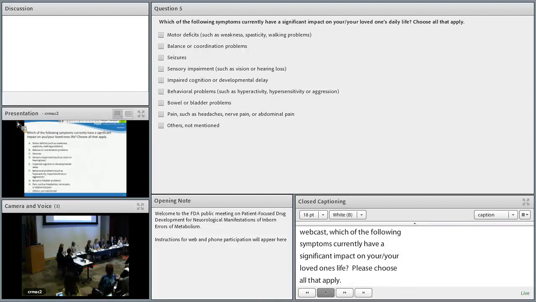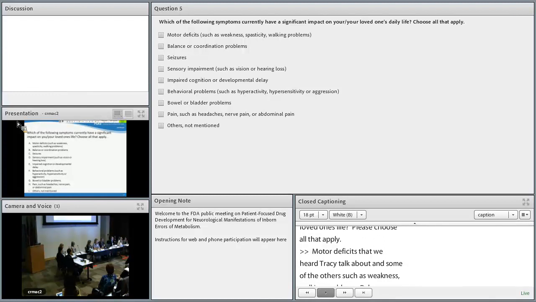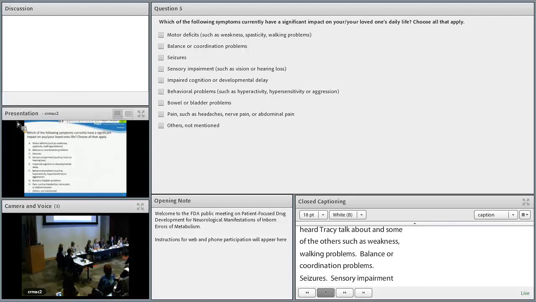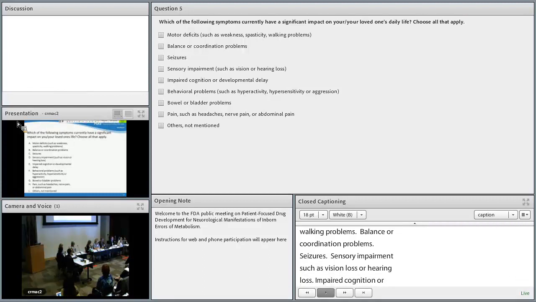So those motor deficits that we heard Tracy talk about and some of the others, such as weakness, spasticity, walking problems. The balance or coordination problems, B. Seizures, C. The sensory impairment, such as the vision loss that we heard about, or hearing loss. Impaired cognition or developmental delay.